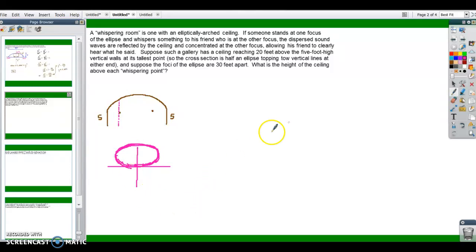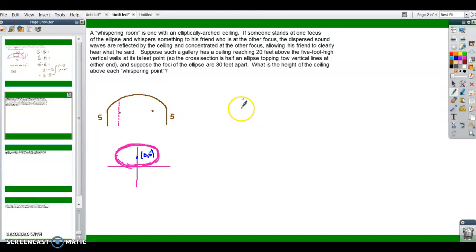Okay, the center of my ellipse is 25 feet above the 5-foot-high vertical walls. Wait, the center of my ellipse is not at the origin. The center of my ellipse is up here at 0, 5. That's the center of my ellipse.